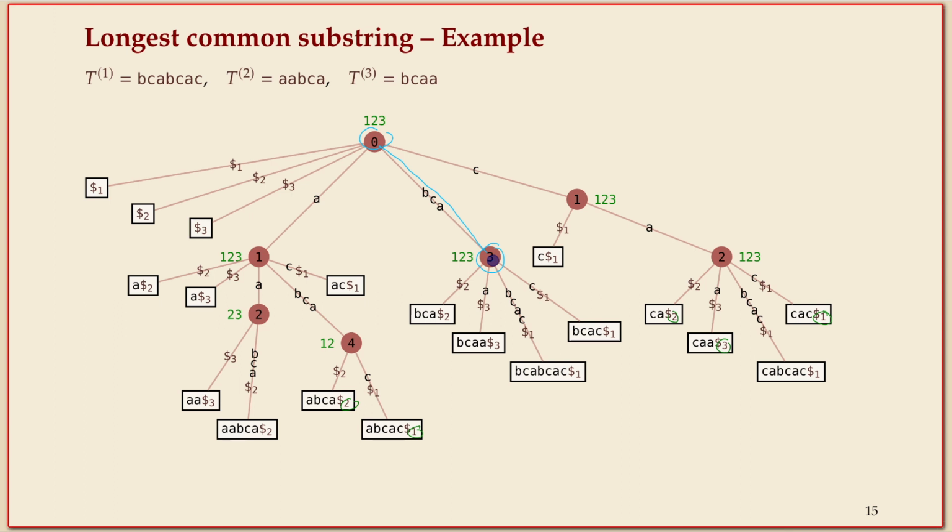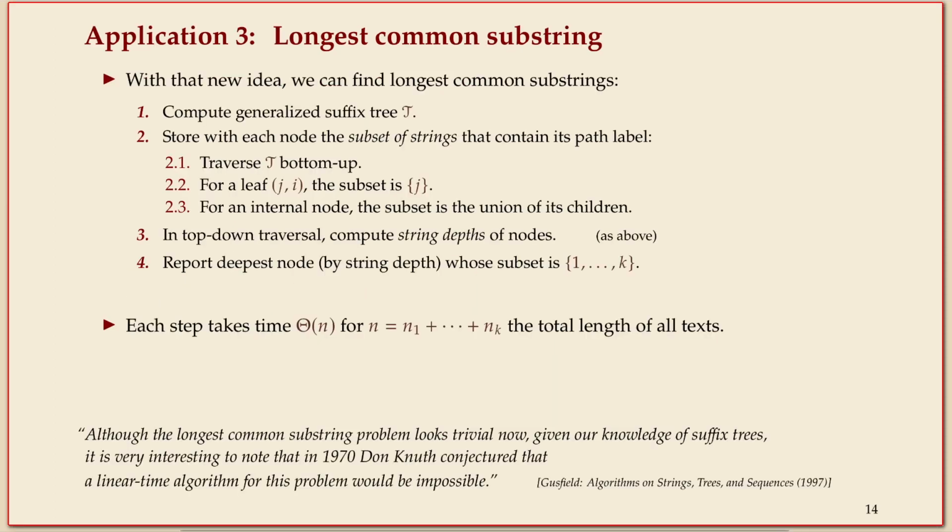All right. So that was the quick version. I spelled it out in detail as code. It's basically describing in several steps how to compute the green numbers, how to compute the string depth, and then find the deepest node in terms of string depth that has all numbers. There's not much more going on there.